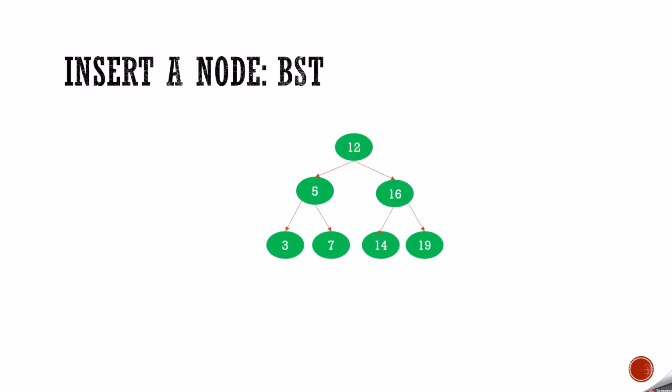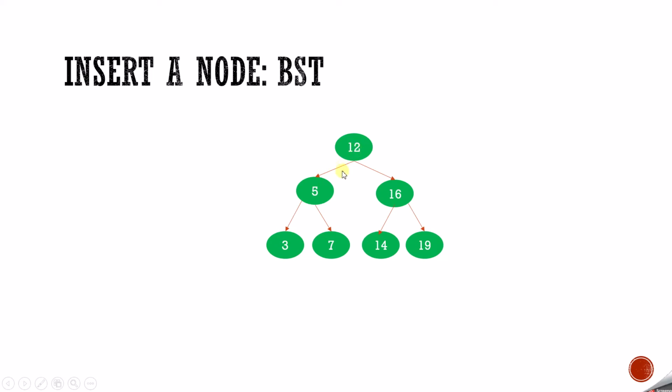Let us recall, in case you forgot, what actually a BST is, because from the next slide onwards we are going to discuss only insertion and in-order traversal in a binary search tree. A binary search tree is basically an ordered tree where any node's left child should have a value less than the root value, that is that node's value itself, and the whole right subtree contains higher values than itself.